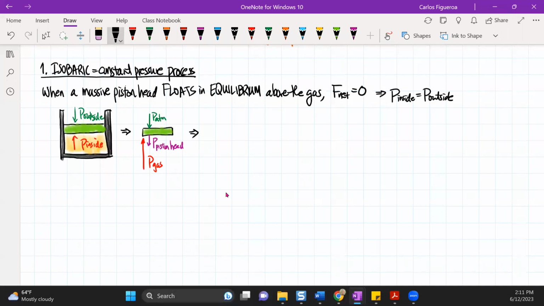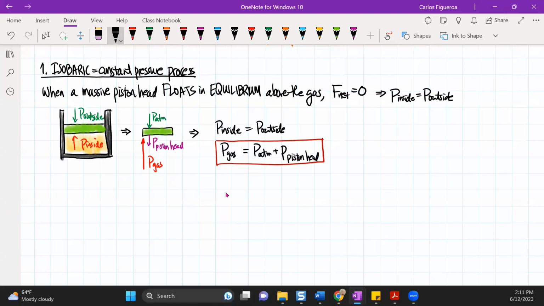So in other words, if I look at the pressure inside versus outside, there's a balancing act where this is the pressure of the gas, and over here, that's the pressure of the atmosphere, plus the pressure produced by the piston head. Right? So that is exactly what the pressures are doing right there.